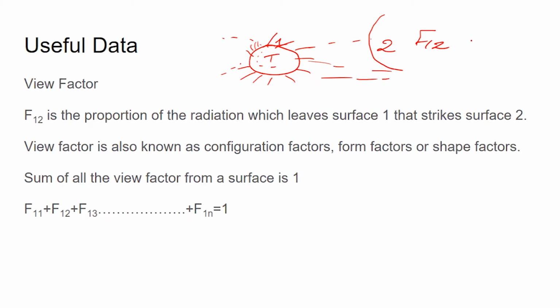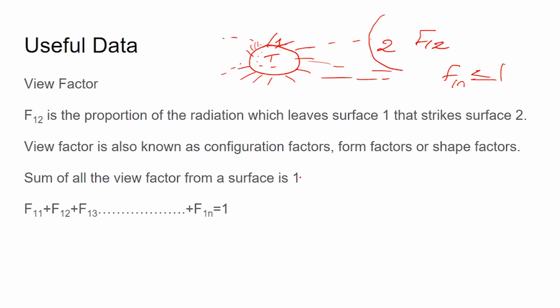We can say that the value of any view factor will never be greater than 1; it will always be less than or equal to 1. The second point to note is that the sum of all the view factors from a surface is 1.